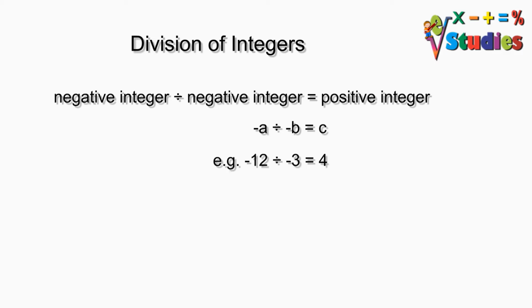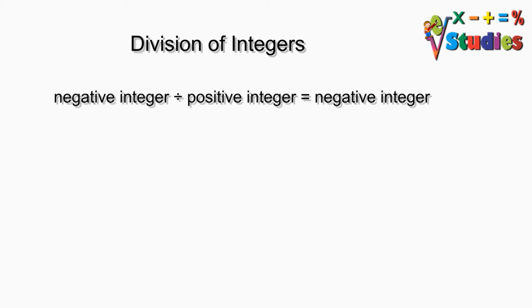Again here, negative 12 divided by negative 3 will give us positive 4. When we perform division on two integers, and if one of the integers is negative and the other positive, the sign of the answer will be negative. For example, negative 12 divided by positive 3 will give us negative 4.